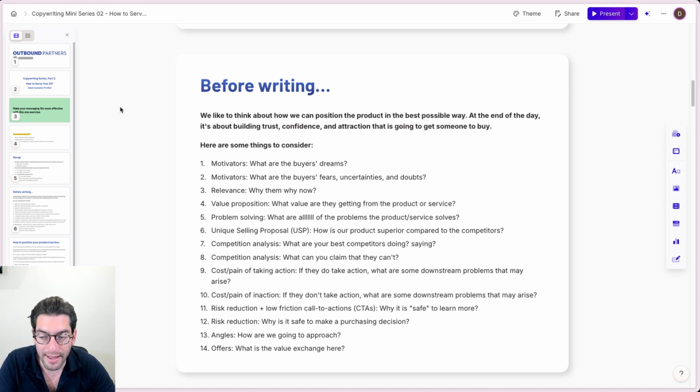Cost and pain of taking action. So this is important. We're trying to understand how we can serve our ICP. Part of this is understanding what motivates them, part of this is understanding how we can serve them, and part of this is understanding how we can position the product to them. That's why there's a wide range of questions here.